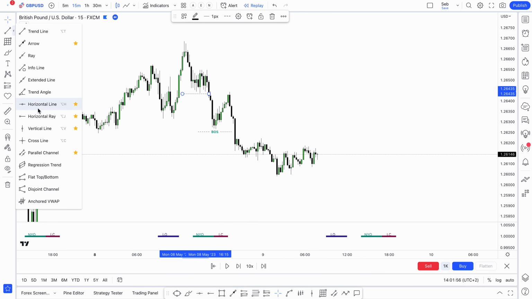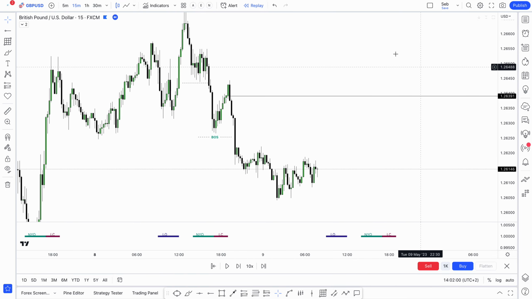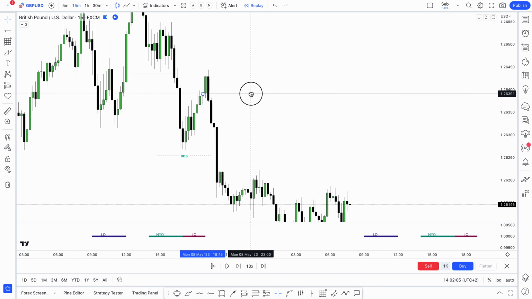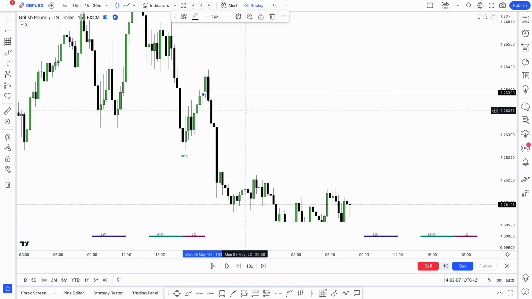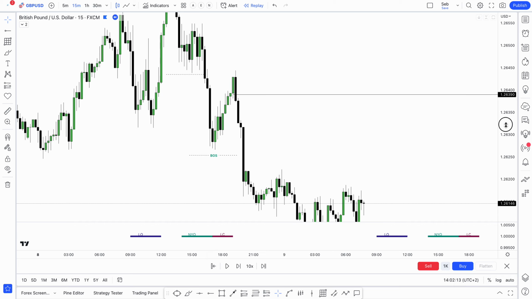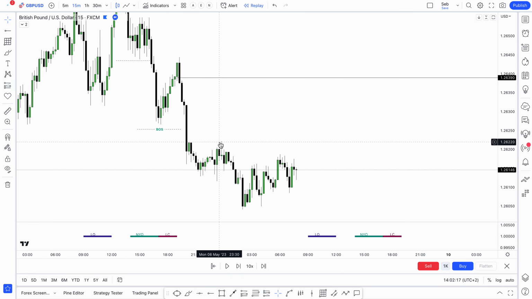Falling down, so we would want to use this order block. Let me zoom in. Okay, so gonna use 39 sharp. Okay, so let's see what we have here. We do have this significant high.